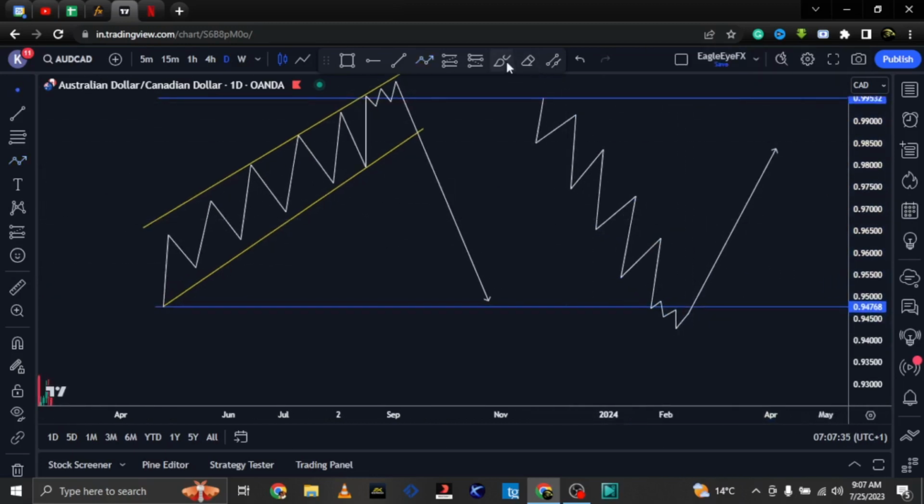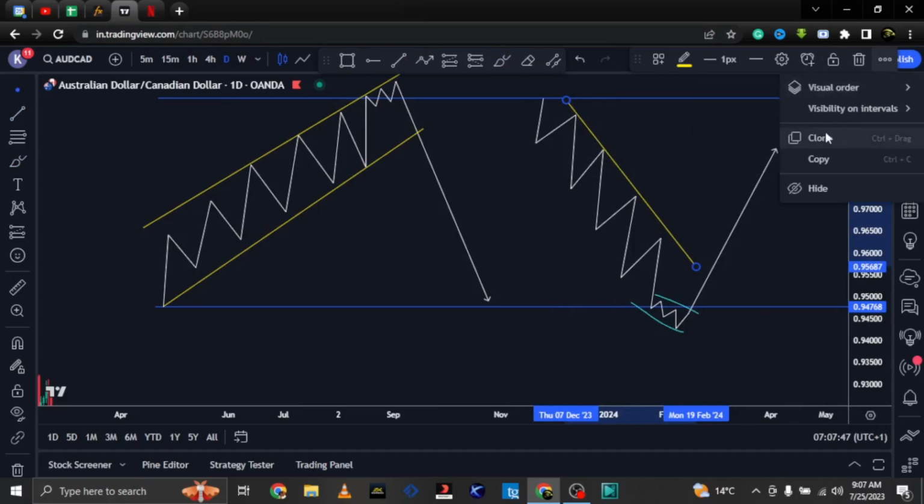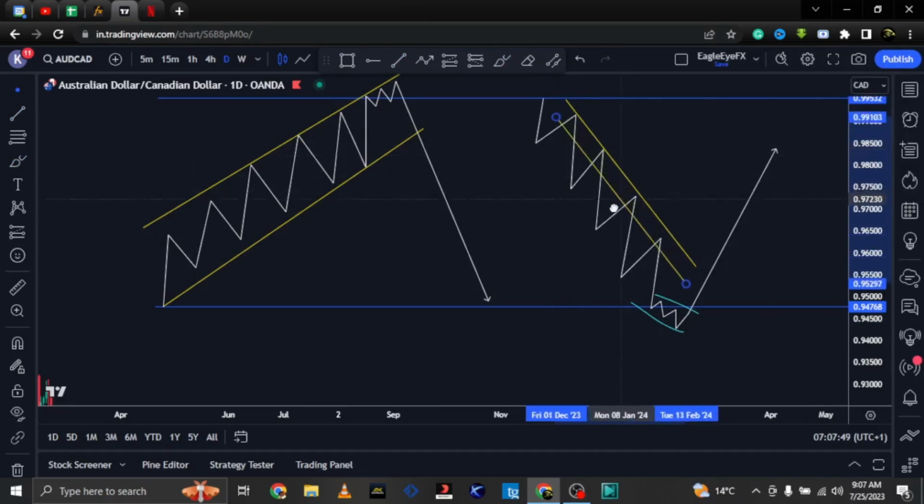We're looking for this reversal pattern. Guys, remember the whole point is to make this as simple as possible. Remember, forex is simple but it's not easy. The best thing you want to do is simplify this in a way that you can understand. You don't want to complicate things.